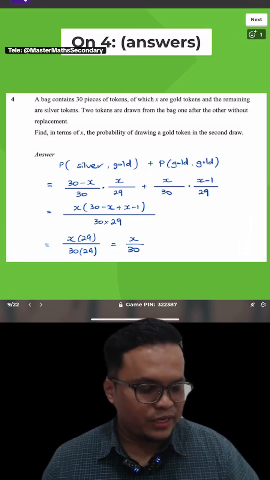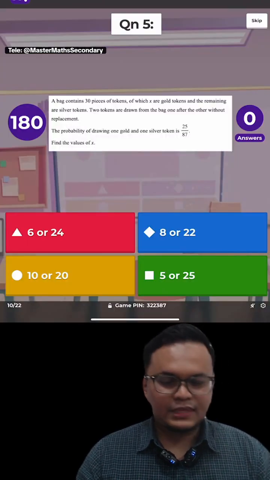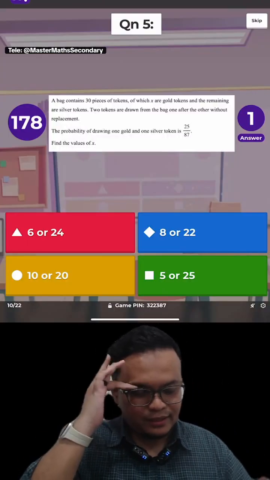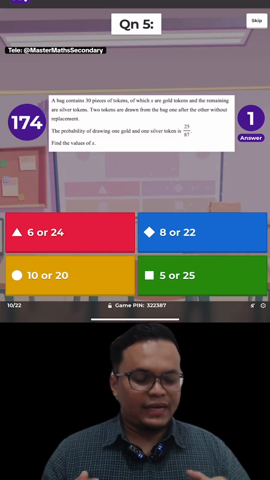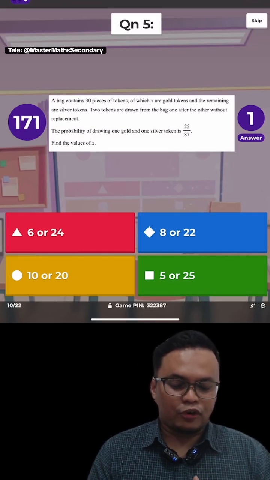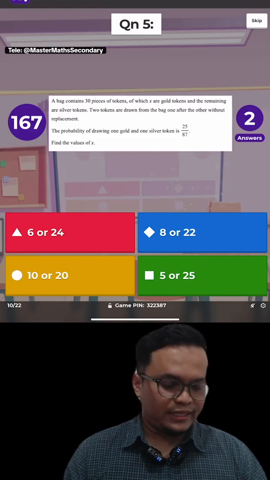Are you guys ready for the next question? Question 5, the last probability question. Similar context as the previous one, but now they're telling us that the probability of drawing 1 gold and 1 silver token is 25 over 87.